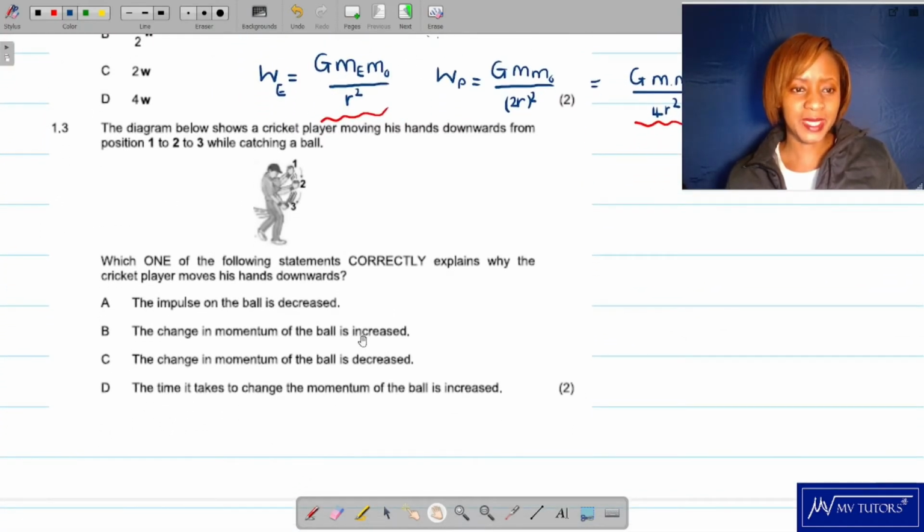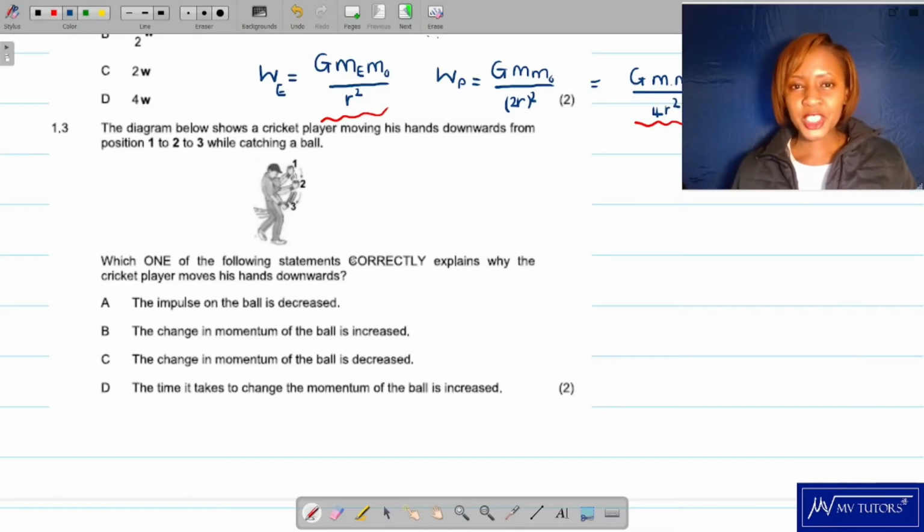Now, 1.3. The diagram below shows a cricketer player moving his hands downwards from position 1 to 2 to 3 while catching a ball. Which one of the following statements correctly explains why the cricketer player moves his hands downwards? Okay, guys, to better illustrate this example, imagine you are jumping.